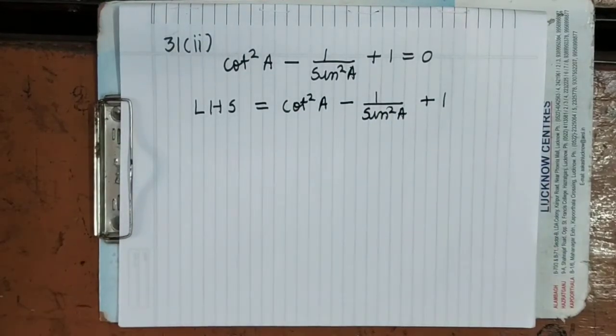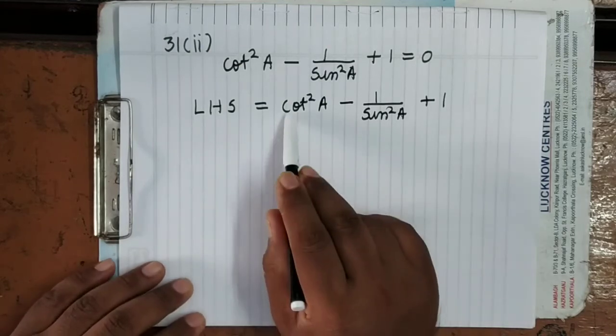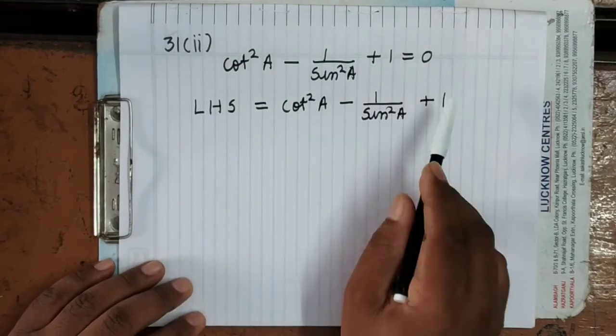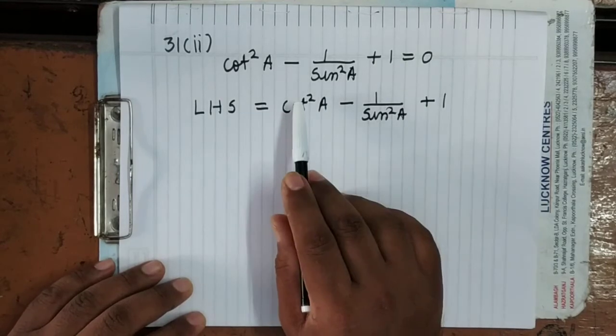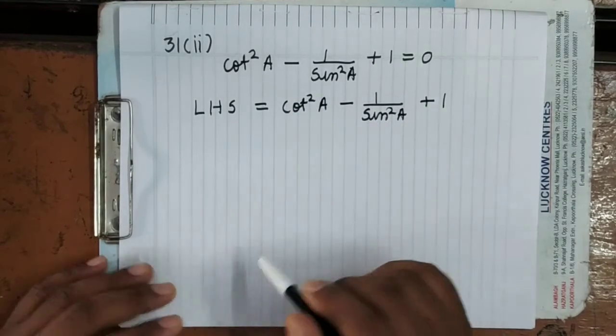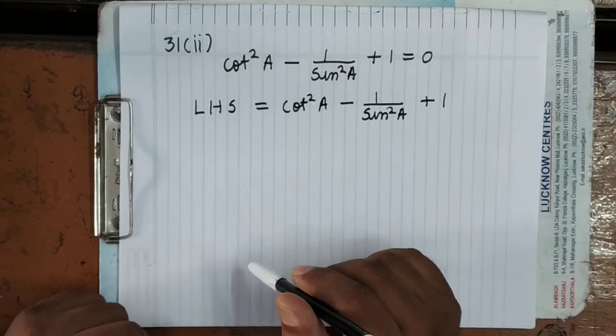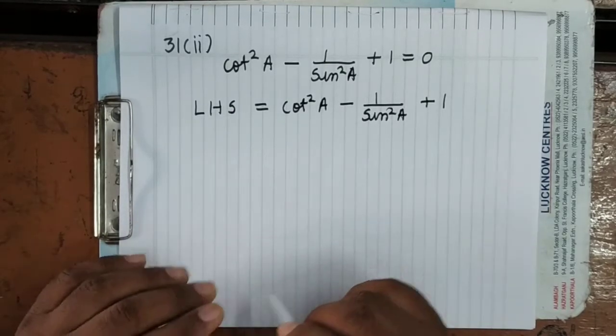Now see here. If you see it carefully, you will find that there is a term of cot square theta plus 1, which is an identity.